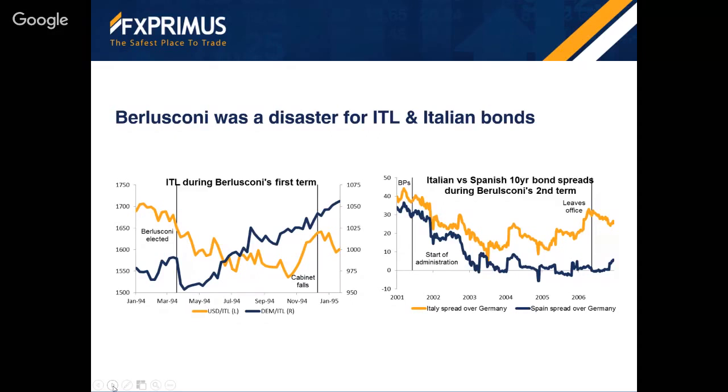You can see that Spain pretty much traded through Germany at some points. Spain isn't the healthiest country in the world either. Meanwhile, with Italian bonds, as Berlusconi was in office, the spread widened and widened, showing the financial market's discomfort with this guy. I think this is what would happen if Trump were in.